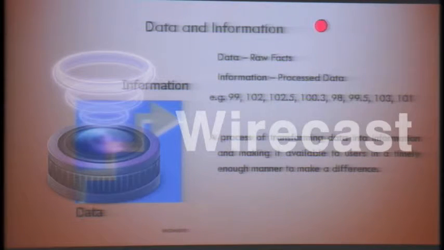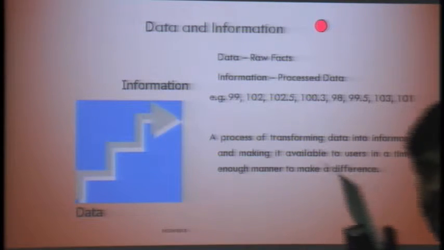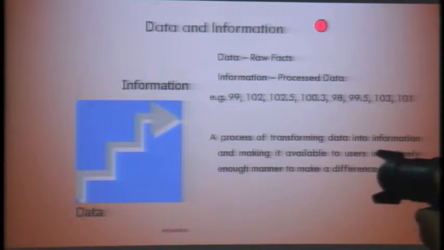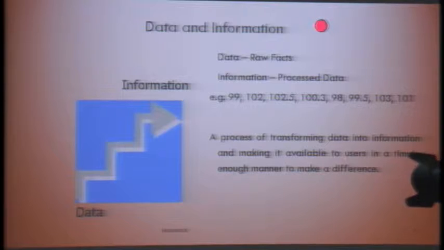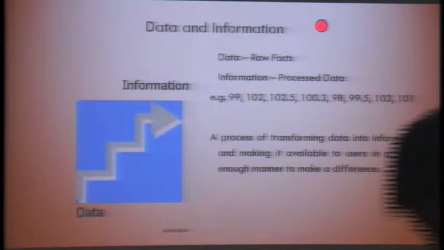Then comes the wisdom. So there is a hierarchy: data, then information, then knowledge, then wisdom. The wisdom is that if we have a persistent temperature beyond this, the person should go to the doctor. This is how the data works.